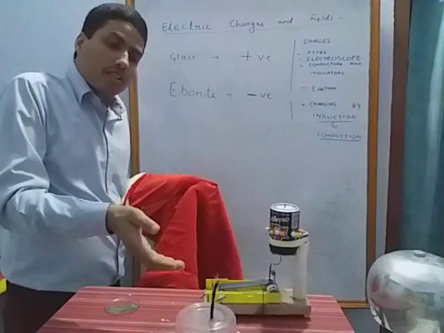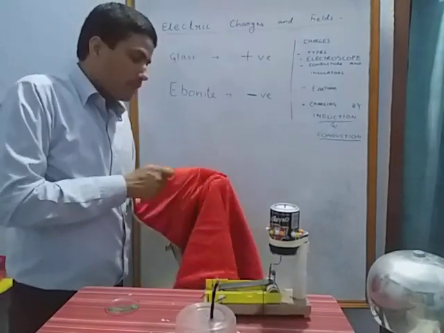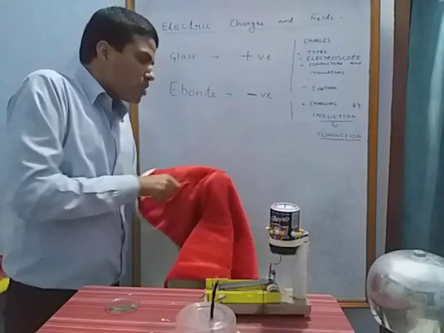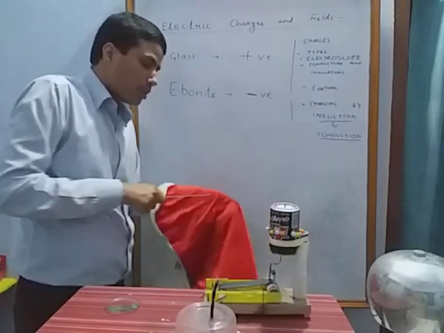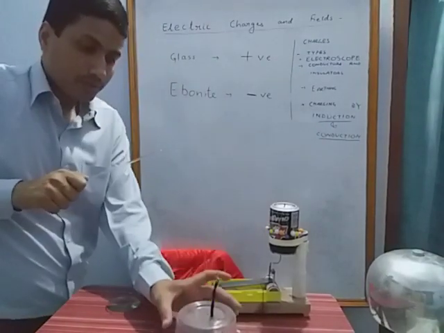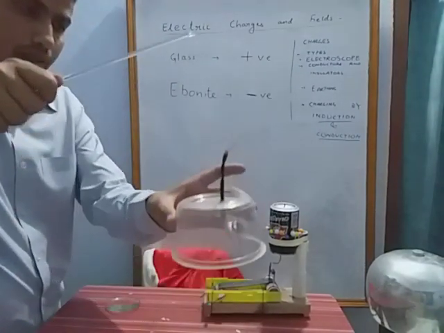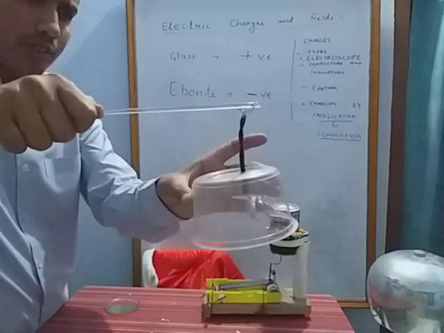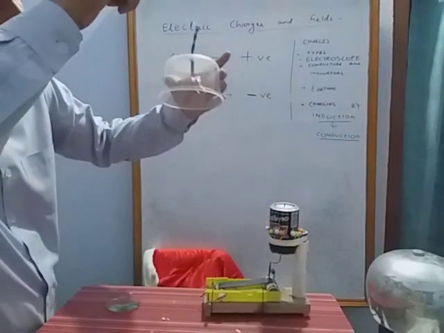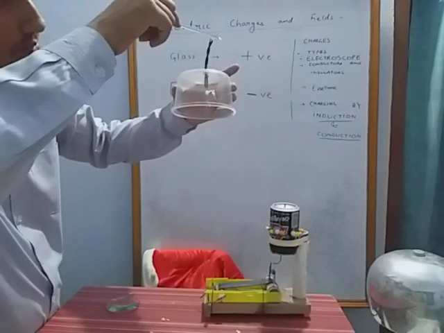And if the charges are pulled out by this rod, you should see that the divergence of those two leaves of aluminium foil should decrease. You can see. Oh, it didn't work quite well.